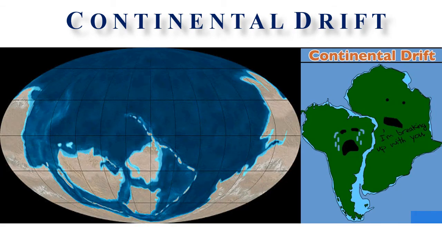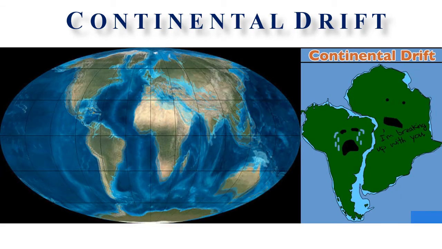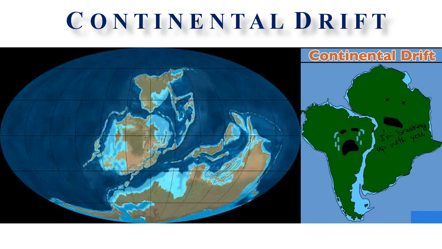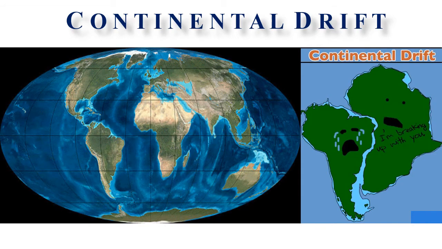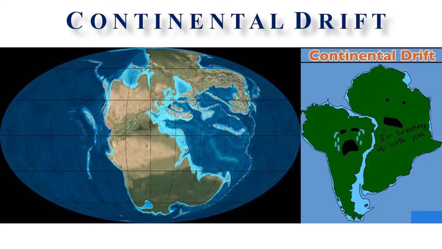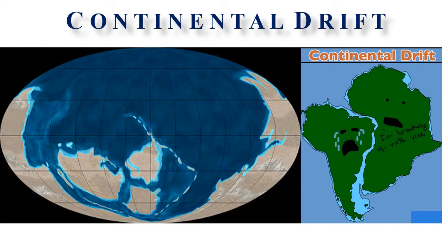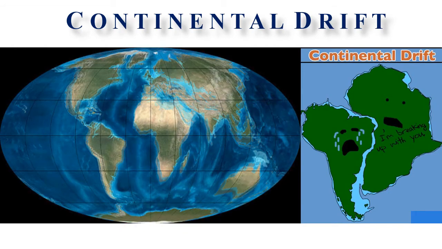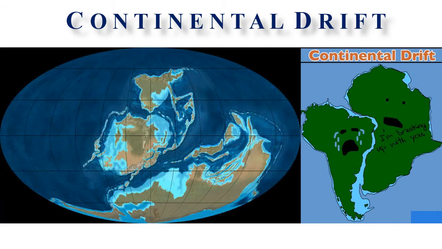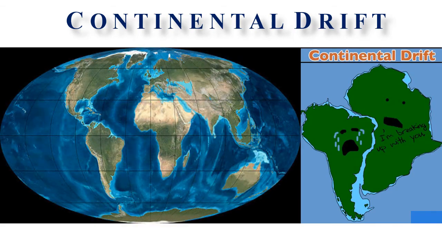This book outlined Wegener's hypothesis called continental drift, which dared to challenge the long-held assumption that continents and ocean basins have been fixed at their geographic positions.